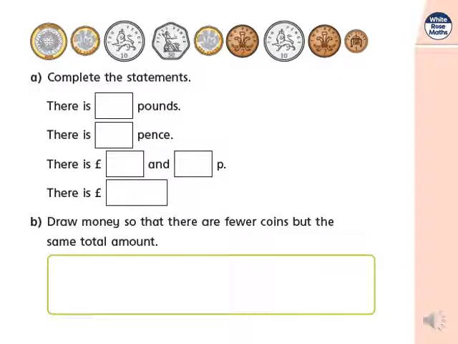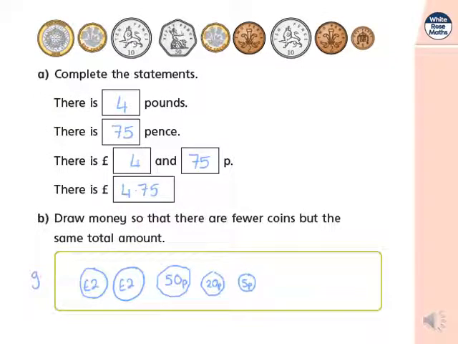Pause the video, read the question, and then your answer will follow. Let's have a look at the answer. It said to complete the statements. We should have said that there is £4, there is 75 pence, so there is £4 and 75p, so there is £4.75, and then it said draw money so that there are fewer coins but the same total amount.